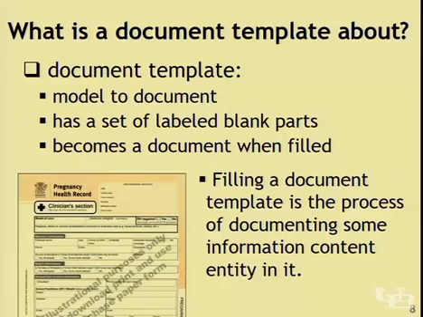By filling the blank space, I'm creating a document. For example, I have this previous document, then I have a template, then I wrote information and created a document, in fact. And filling a document template is a process of documenting some information content in a template.